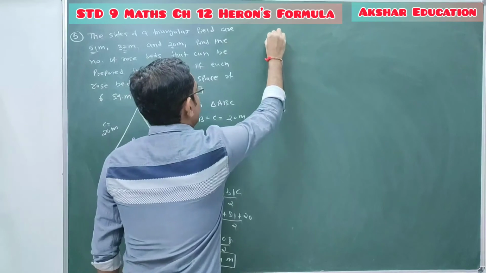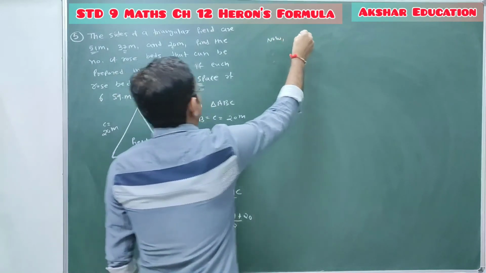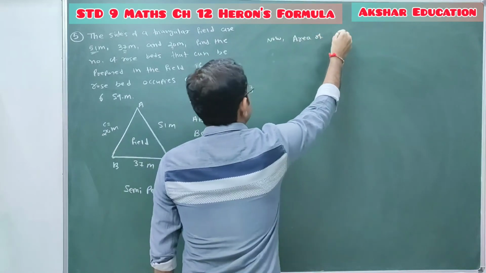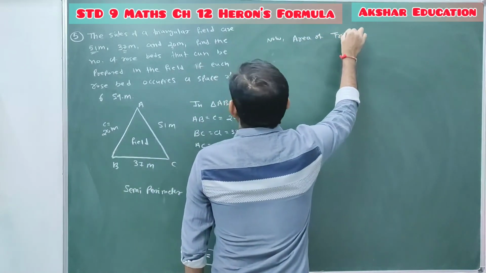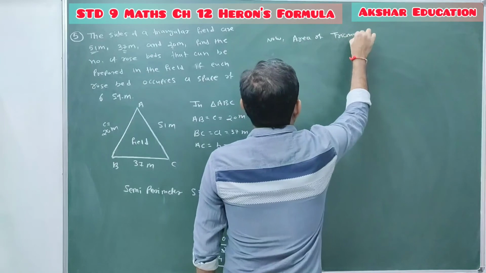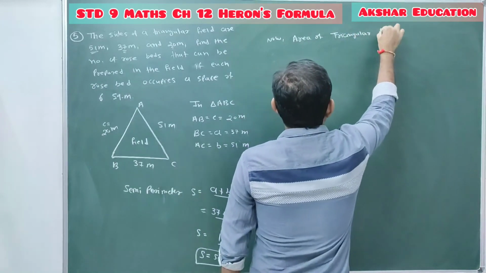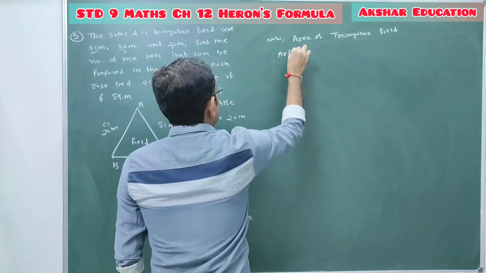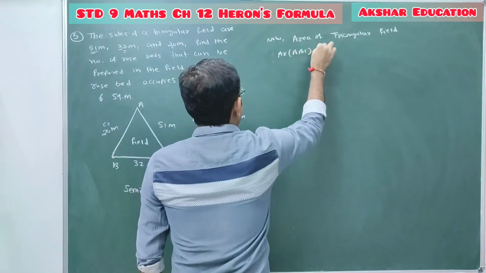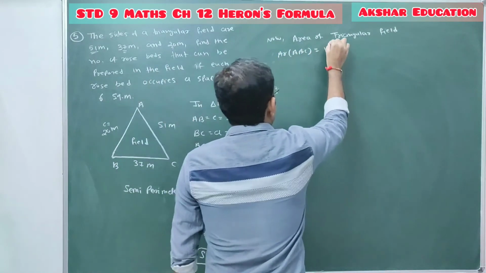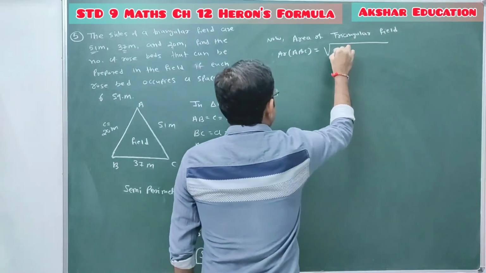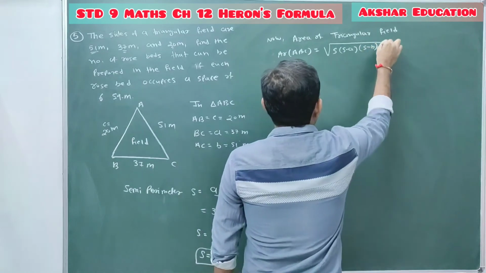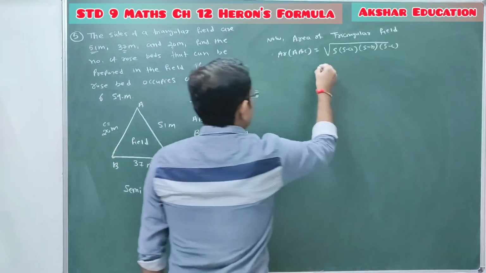So now, area of the triangular field is nothing but the area of triangle ABC, and we find it by using Heron's formula. Our formula is the square root of S into S minus a, S minus b, S minus c.